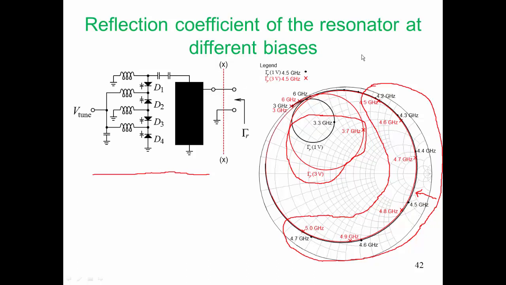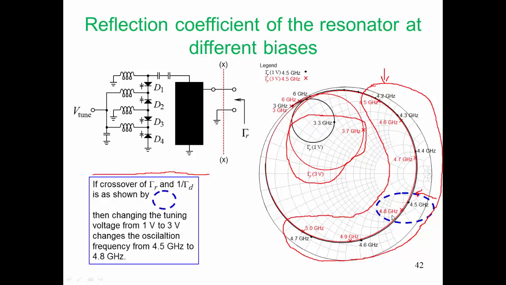But our primary resonance has just the characteristic that we want. Now let's imagine that the crossover region between gamma R and 1 over gamma D is just this dashed blue area here. So here we have a little dot on the reflection coefficient locus for a tuning voltage of 1 volt, at 4.5 gigahertz.